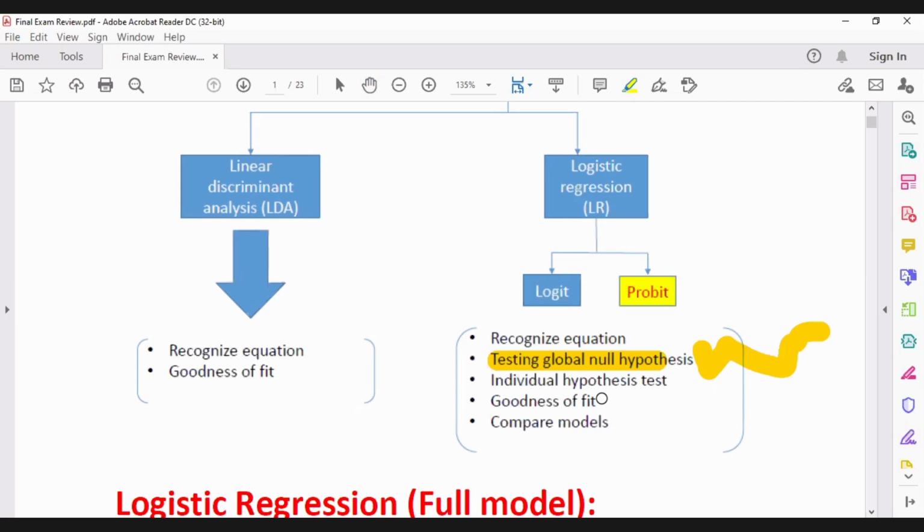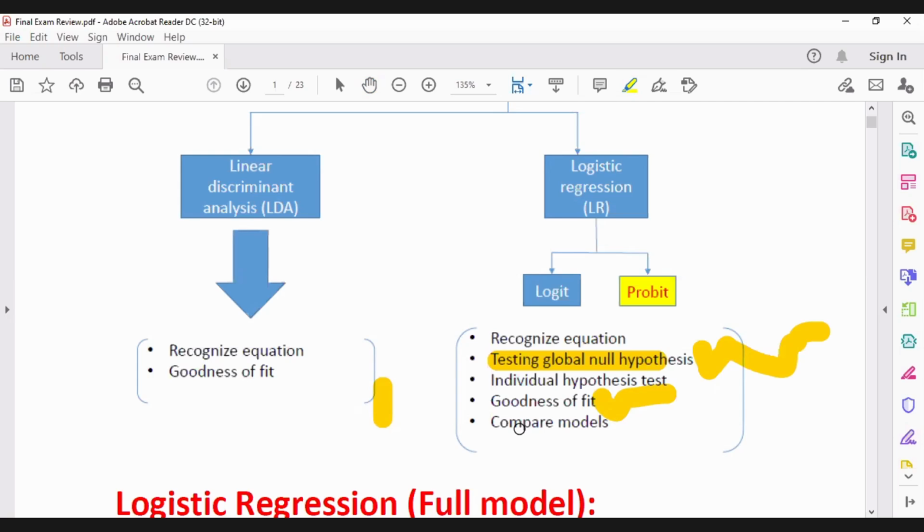You need to look at goodness of fit. For goodness of fit, you need to look at the Hosmer test. Okay? To compare models, you need to look at Akaike, the Schwartz criterion, and -2 log likelihood.